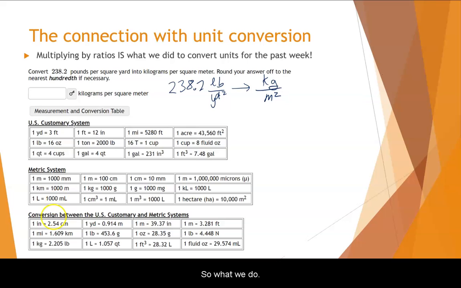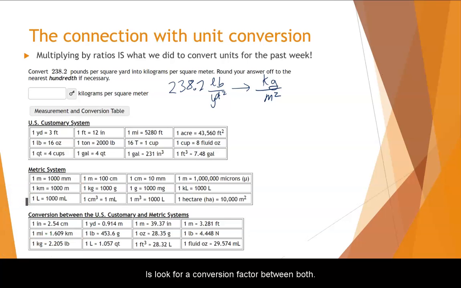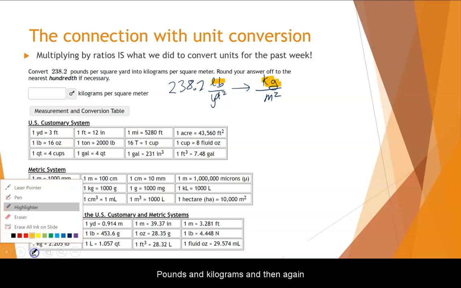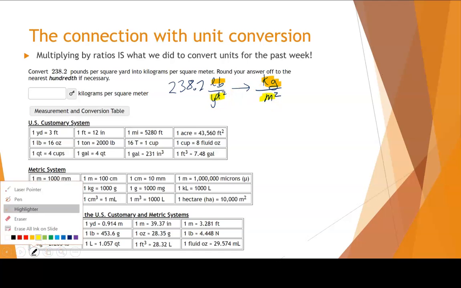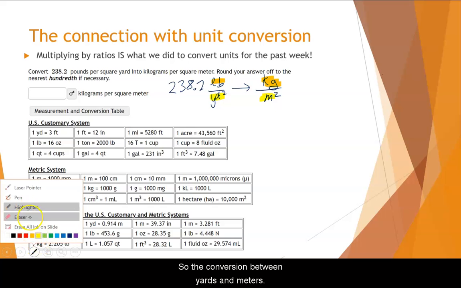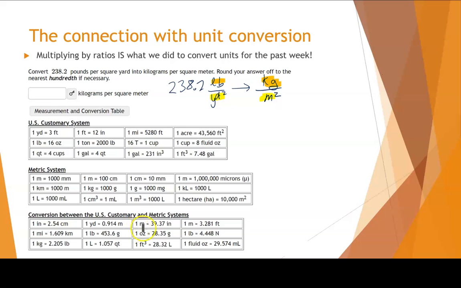So what we do is look for a conversion factor between both pounds and kilograms, and then again between yards and meters. So the conversion between yards and meters, let's start with that. I know it's yards squared and meters squared, but I don't have that conversion.